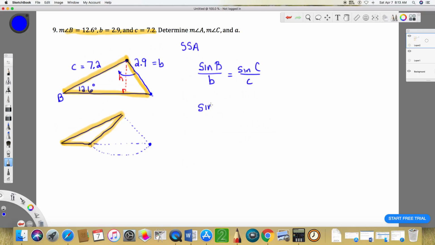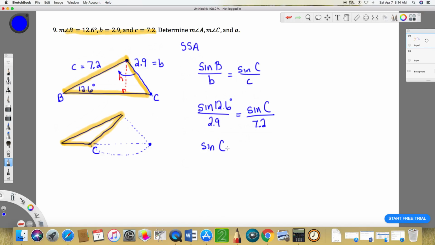So we've got the sine of 12.6 over the length of 2.9, and we don't know this angle measure for C. Remember, C is here and here. We do know the length of side C, 7.2.